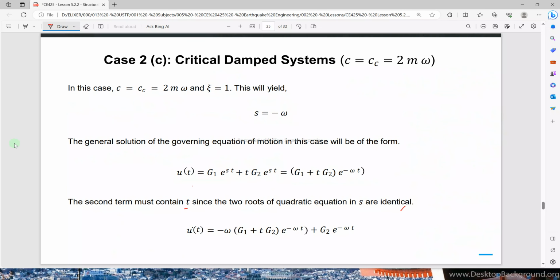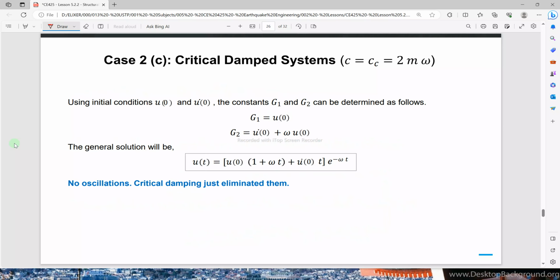So after we get u of t, of course we get u dot of t as part of our initial condition. And if we differentiate this equation here, we will arrive at this equation: u dot of t is equal to negative omega times quantity g1 plus t g2 times e to the negative omega t plus g2 e to the negative omega t.